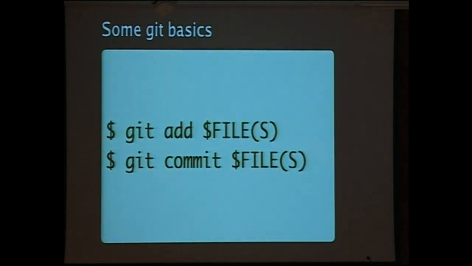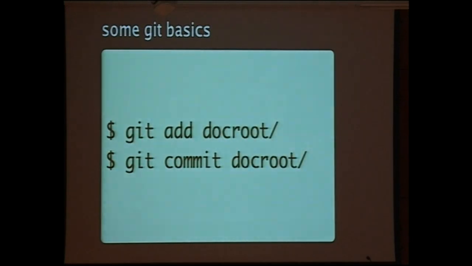With git commit, you can save the current state they're in, and create something that can be transported later on. As an example, you can add your doc root, you commit it, it's in your repository, and you're done. And from now on, almost everything in that document root can get tracked by the version control system.